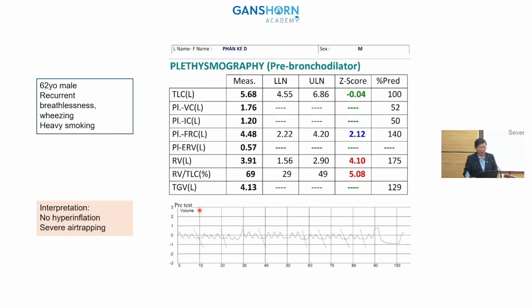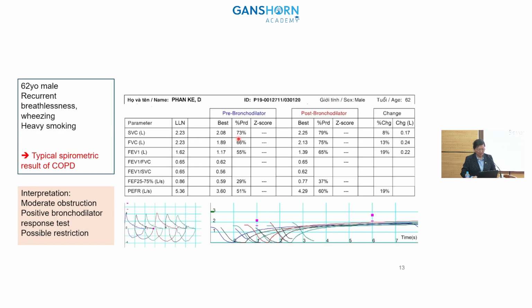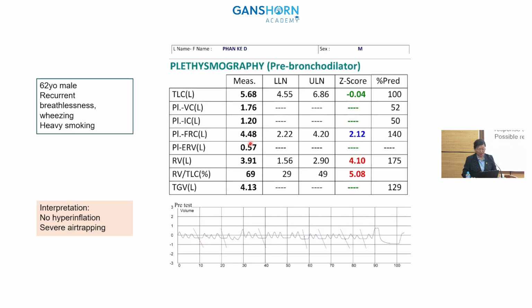And with this, we still have to use the plethysmography because there is a small volume of the FVC. If you would like to confirm the restriction, you have to go to the plethysmography and take a look at the TLC.